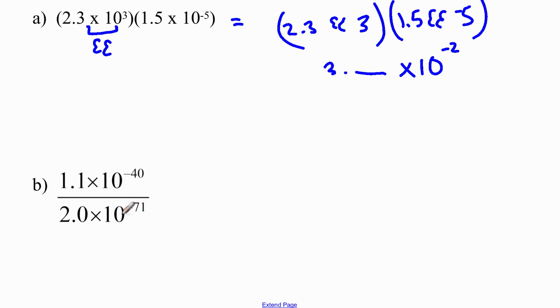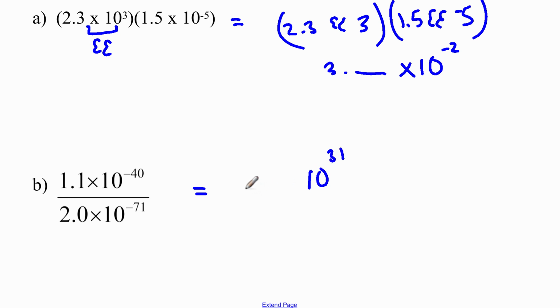Same thing with this one down here. When you divide those, do it on your calculator. 1.1 e -40, divide 2.0 e -71, and it'll come out to something. It should be your answer in the end. I don't have my calculator with me, but it'd be 10 to the 31, I think, here.